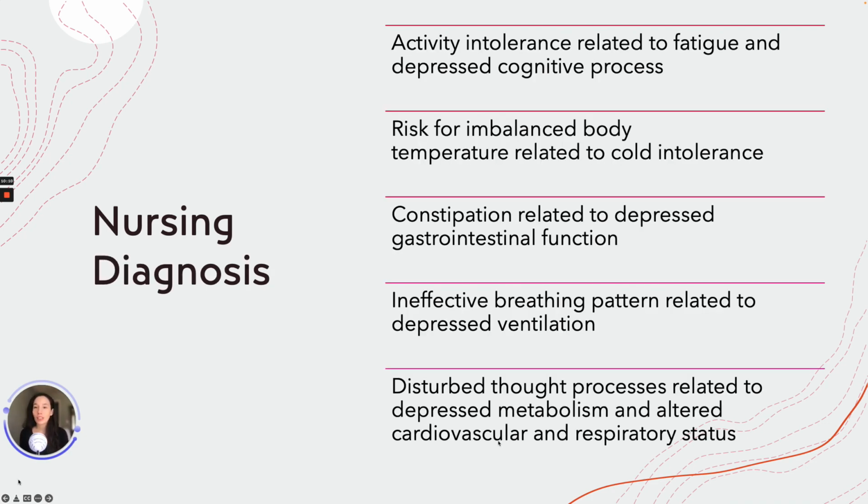Our nursing diagnoses can include things like activity intolerance related to fatigue and depressed cognitive processes, risk for imbalanced body temperature related to cold intolerance, constipation related to depressed gastrointestinal function, ineffective breathing pattern related to depressed ventilation, and disturbed thought processes related to depressed metabolism and altered cardiovascular and respiratory status.